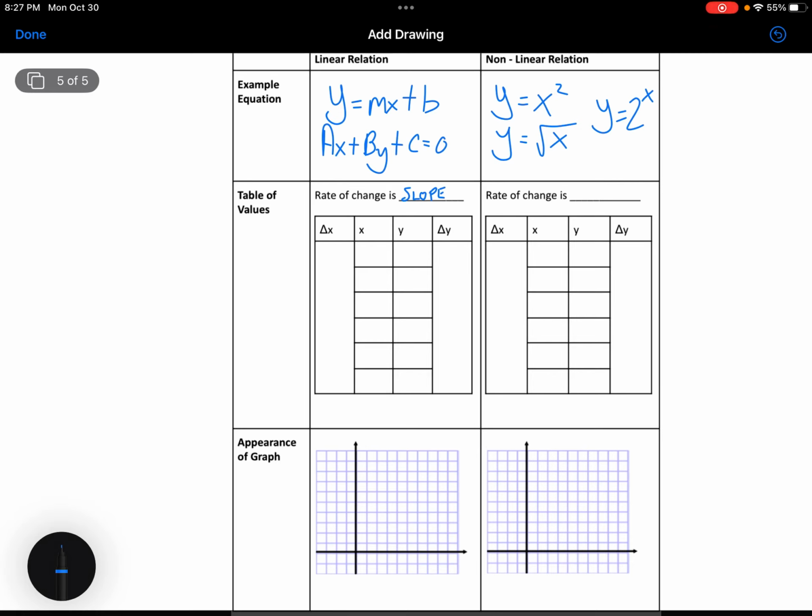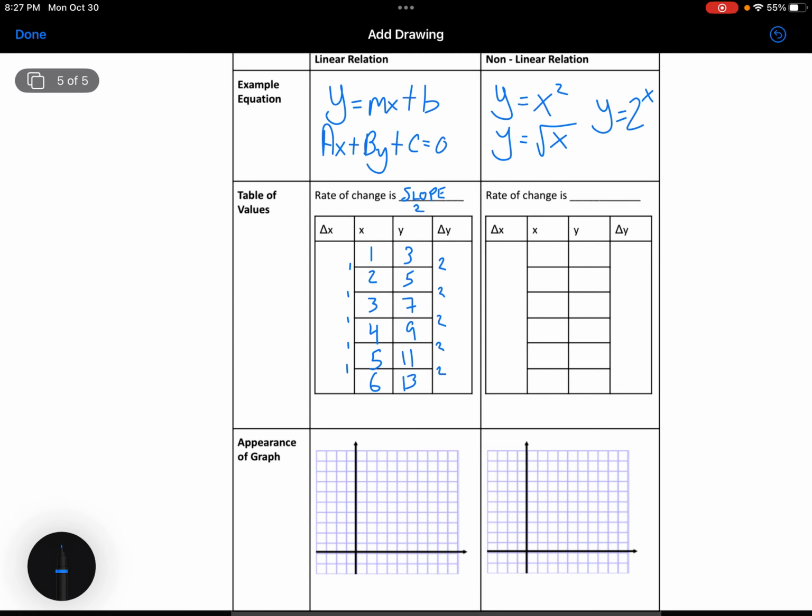So if we were looking at a linear function, if we just had 1, 2, 3, 4, 5, 6, we could have like 3, 5, 7, 9, 11, 13, where it's going up by the same number each time. So here it's going up by 2 each time, and 1. So in this case, our slope would be 2 over 1, or 2. Okay, delta y over delta x.